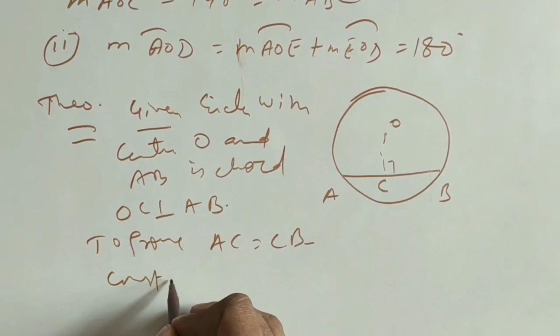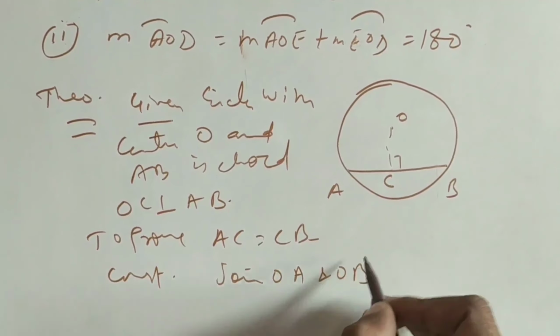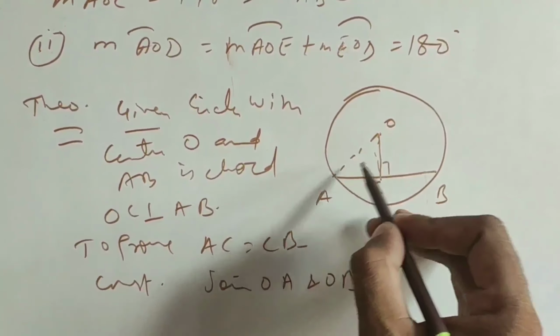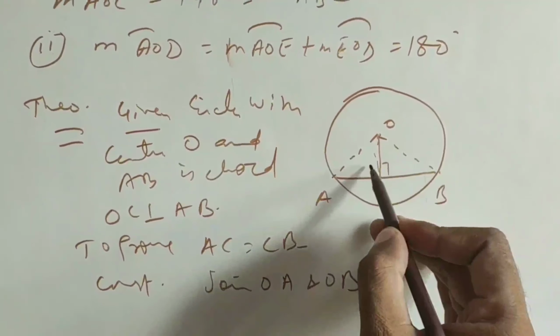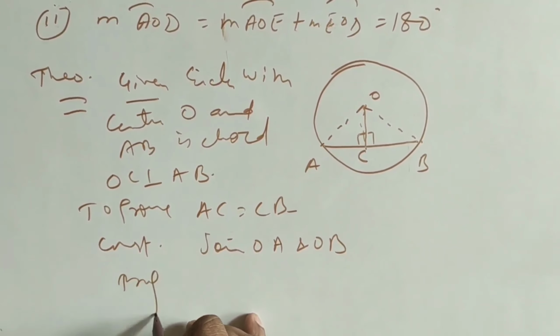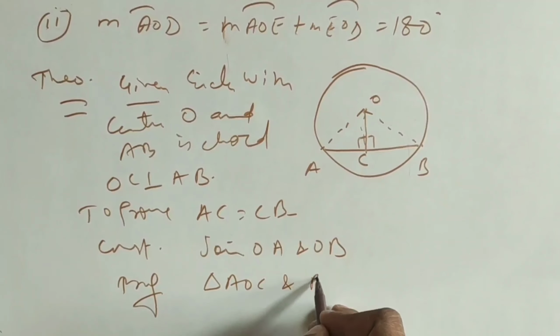For construction, join OA and OB. This is the perpendicular, and this is also 90 degrees. So in the proof, we take two triangles, AOC and BOC.